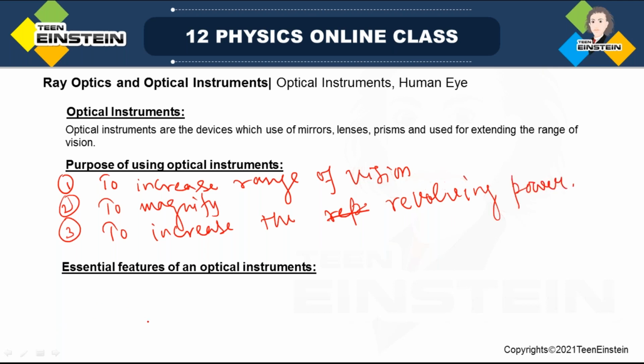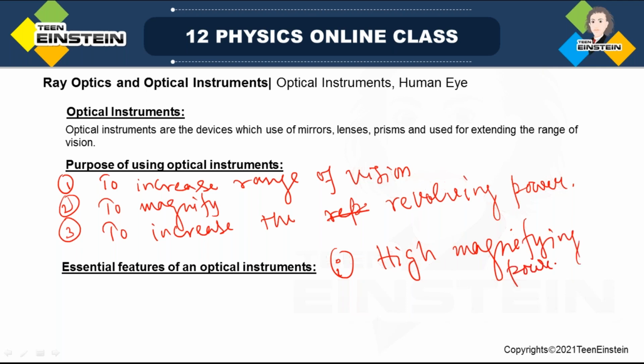Okay, and what are the essential features? Essential features are, as I said, magnified, so it has to have high magnification, high magnifying power.